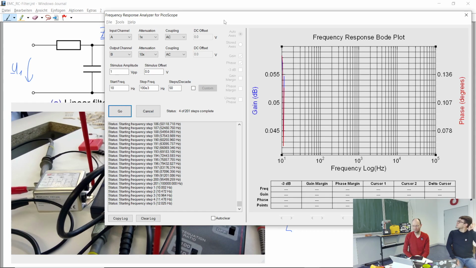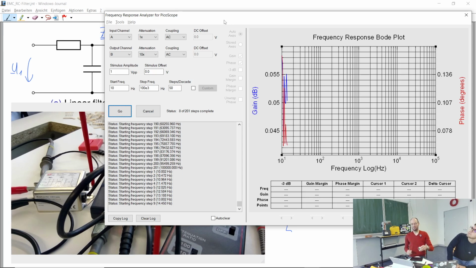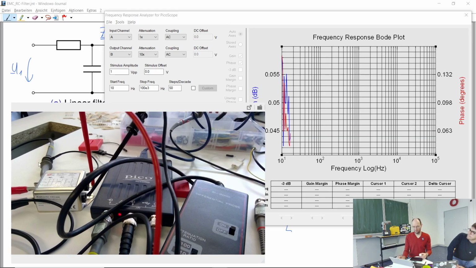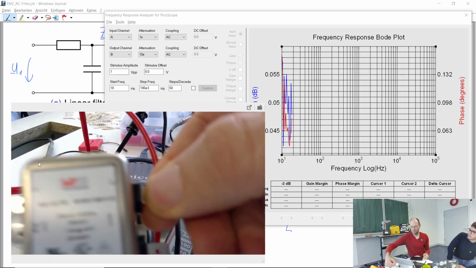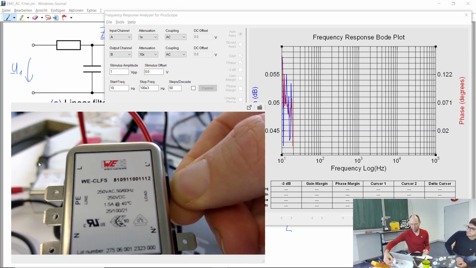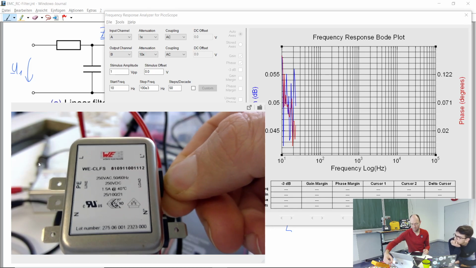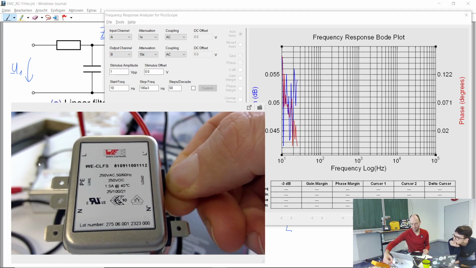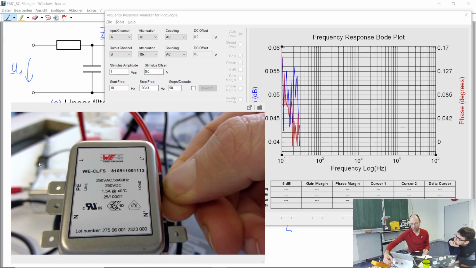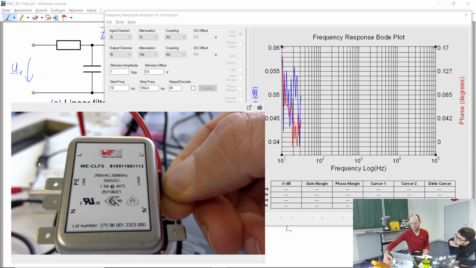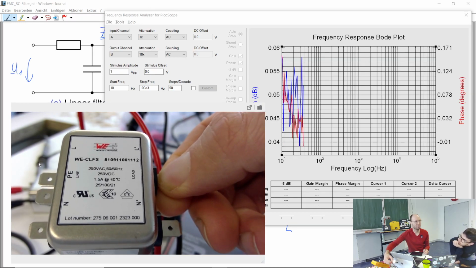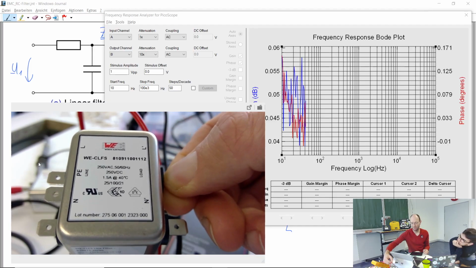And at least we start with some meaningful gain at around 0. And so this is the filter that we measured before. Unfortunately, there is no corner frequency or something like this given directly on the sticker.